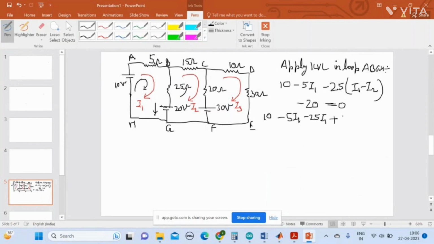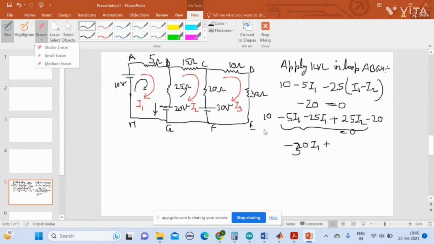Now the equation comes out to be, take these three terms to the right hand side. Therefore we will get minus 20I1 minus 25I2. These get plus, therefore we will get 30I1. We are taking these three terms to the right hand side.